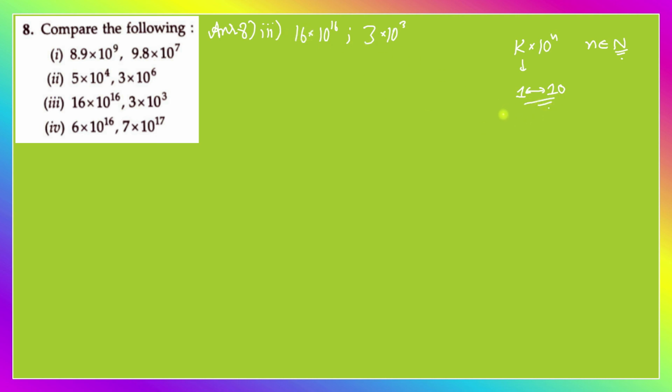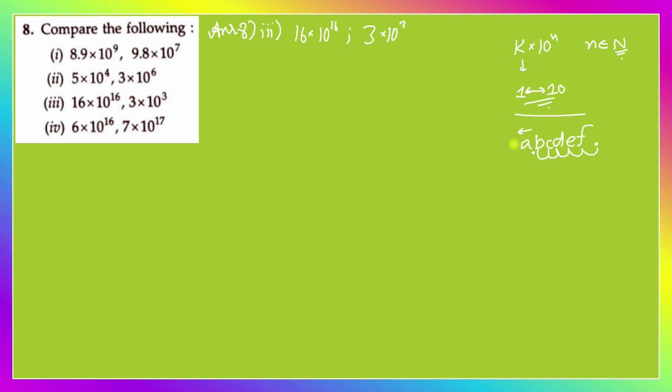To convert a number into standard notation, you have to just move the decimal place. Suppose I have a number a, b, c, d, e, f with the decimal point at the end. To convert into standard notation, I have to shift the decimal point left or right such that there is only one digit on the left side of the decimal point. There is no limit on the number of decimal places, but only one non-decimal digit must be there.